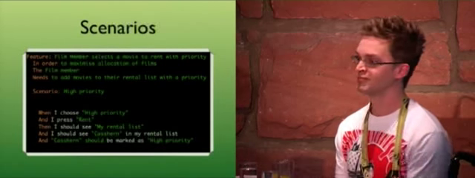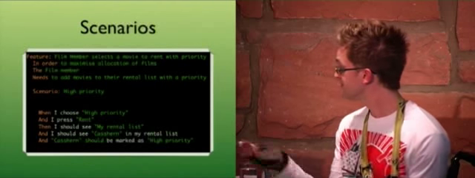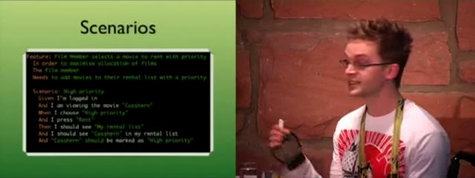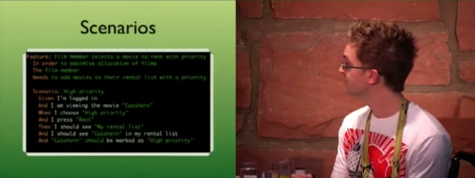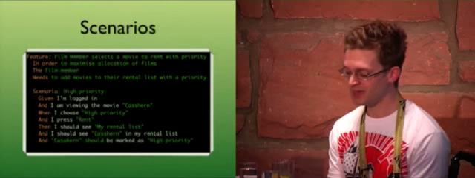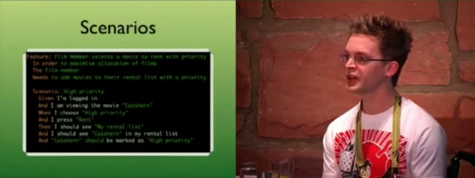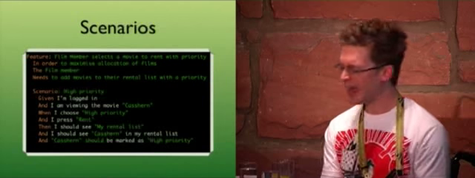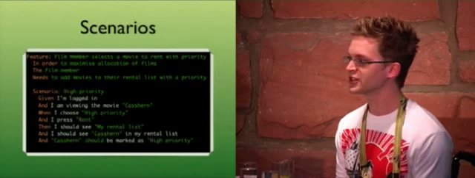The actions are pretty simple: when I choose high priority and I press rent. And then the setup: given I'm logged in and given I'm viewing Casablanca. Now you notice, I think again this was Bob Martin, who said, if your scenario isn't about login, why the hell are you talking about login? So what we tend to do in Cucumber is use a bit of abstraction.